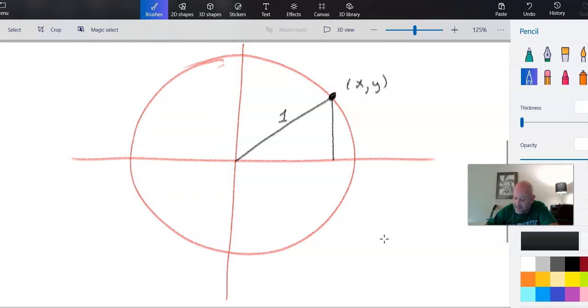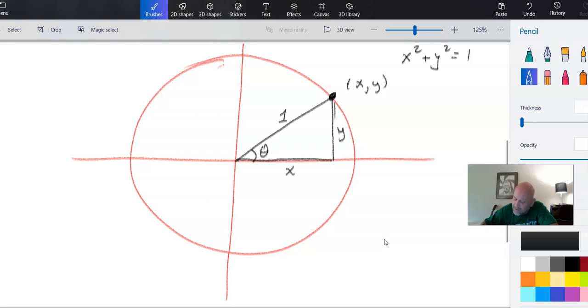The equation of the circle with a radius of 1 centered at the origin is x squared plus y squared equals 1. And we are going to explain all this stuff again. What's interesting about this is if you look at this angle theta here, you can see the right triangle. This height is your y coordinate. This distance across horizontally is your x coordinate.